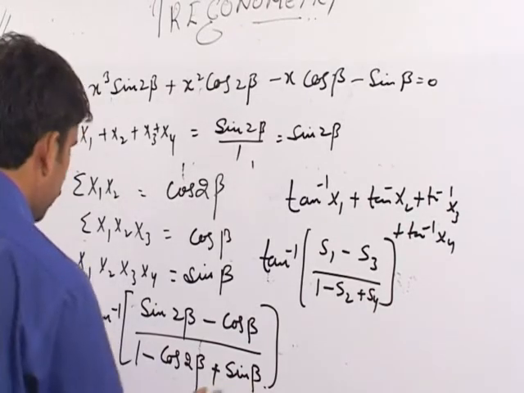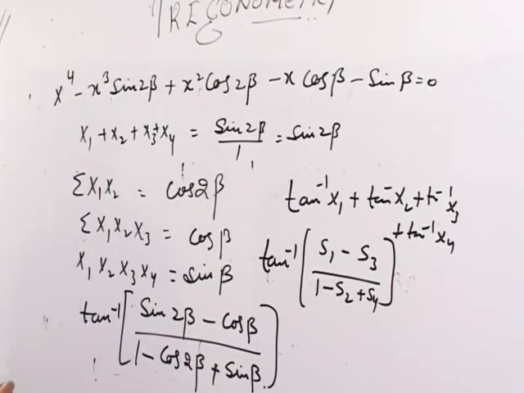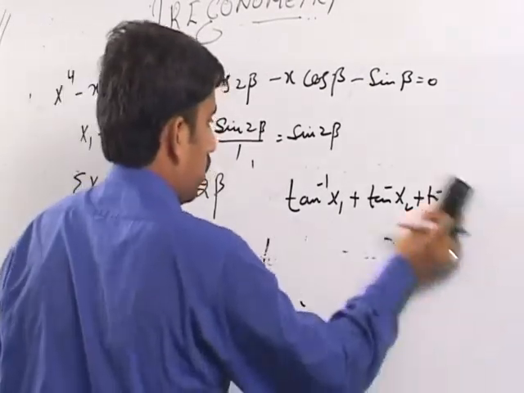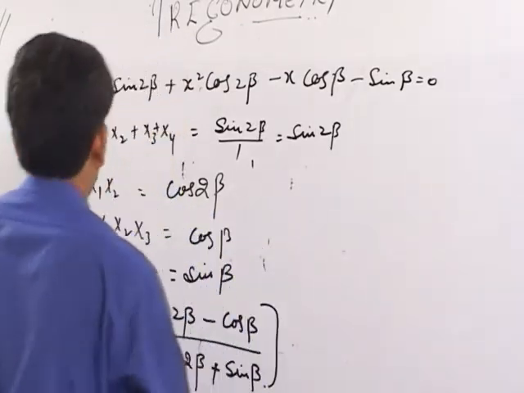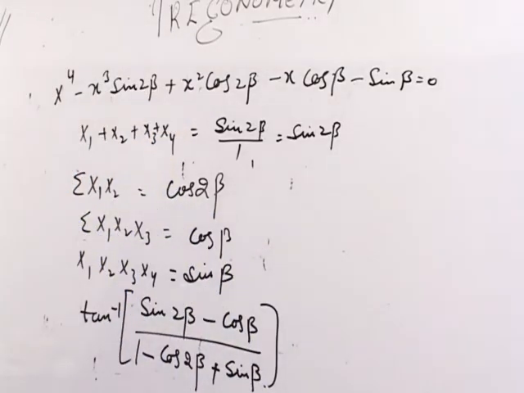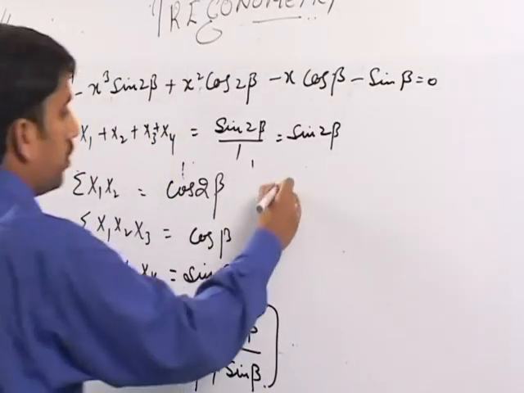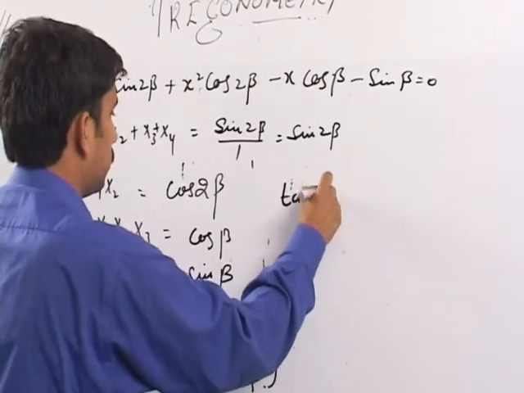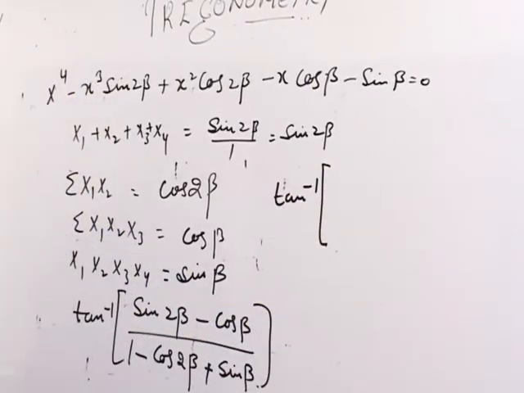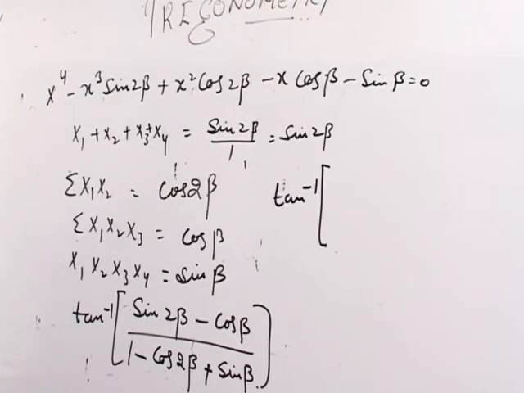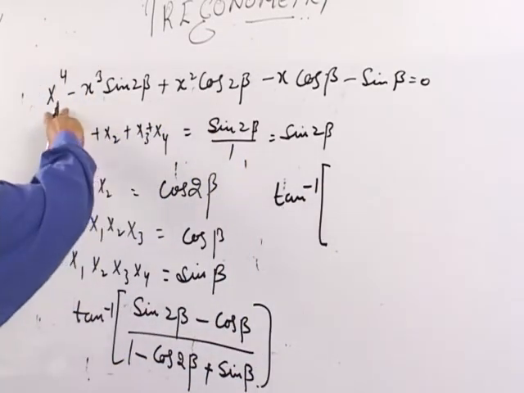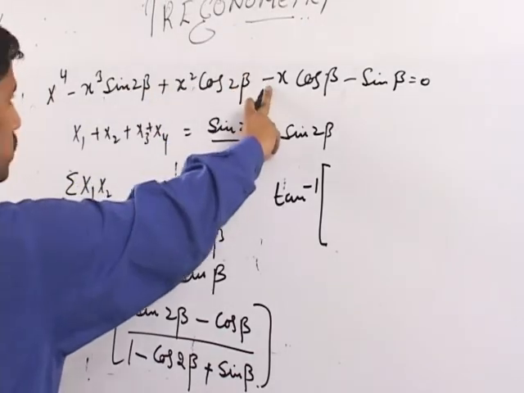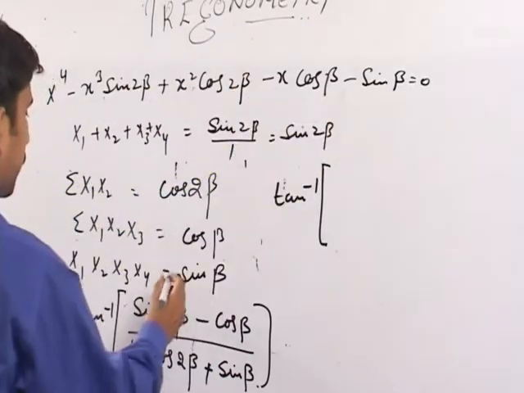Now this is equal to tan inverse of the expression, which with the signs plus minus and then plus will be minus sin beta.